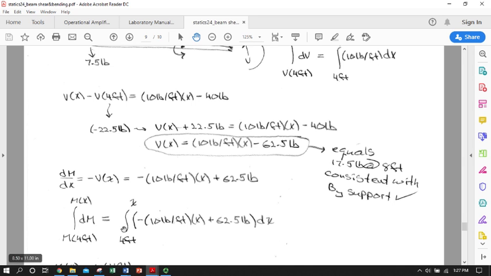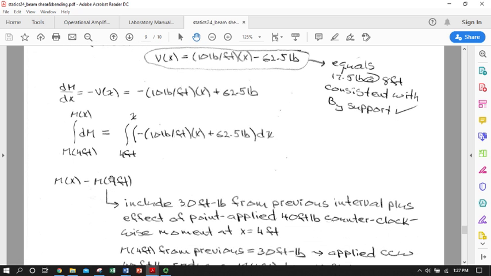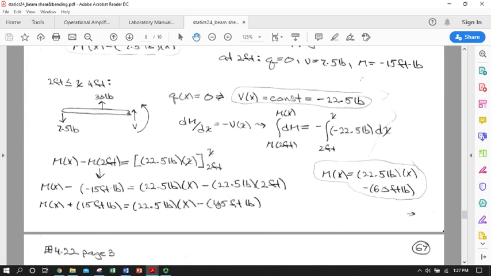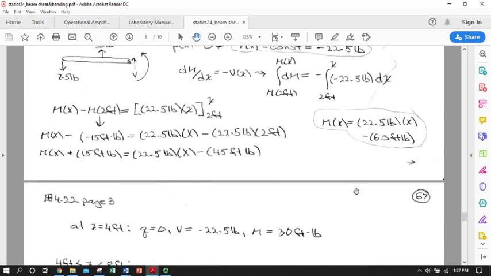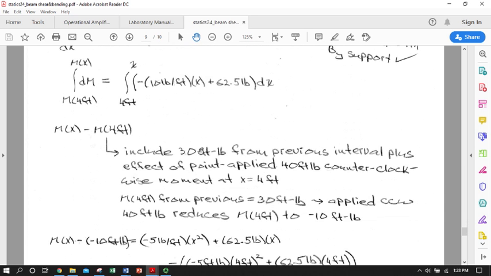Write our integrals, evaluate our integrals, and again, the moment at 4 feet, we go back to our previous segment where we evaluated this at x equals 4 feet and got 30 foot-pounds, and in it goes here. And then we evaluate this integral, taking the integral with respect to x and putting in our x-based limits of integration.